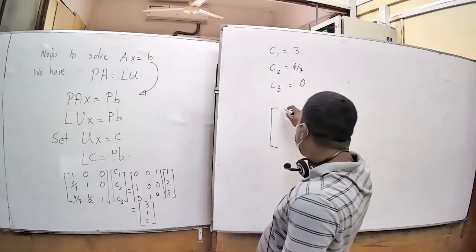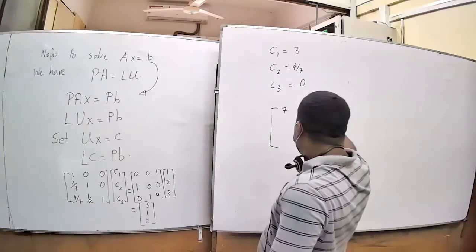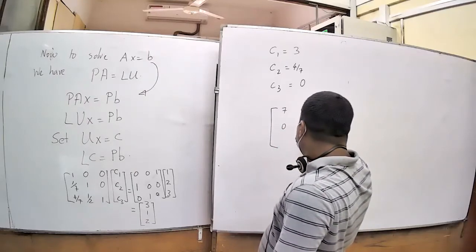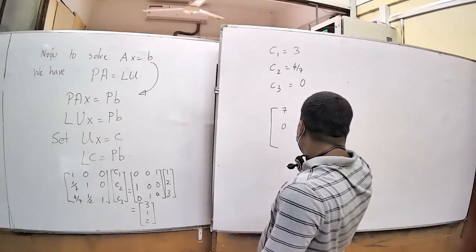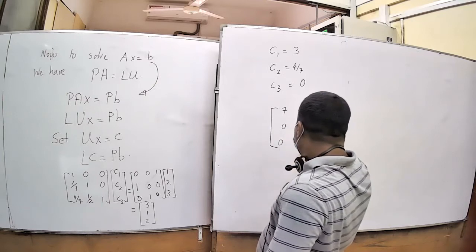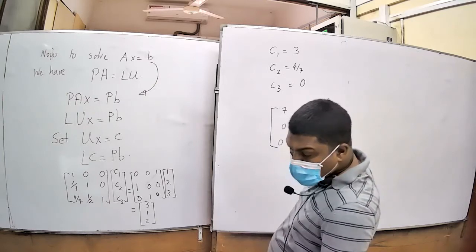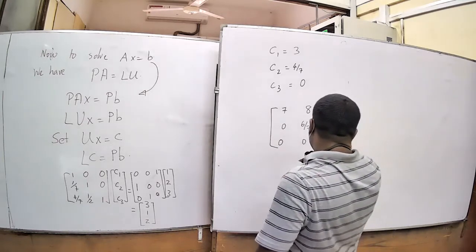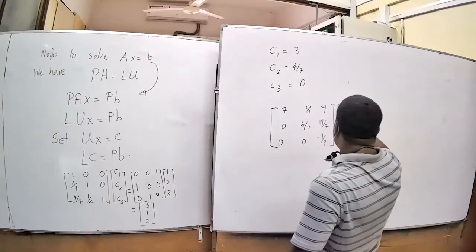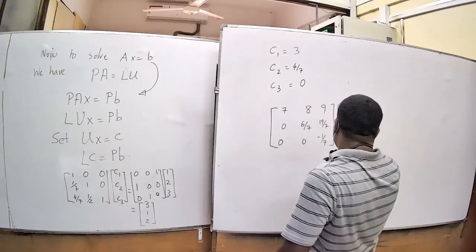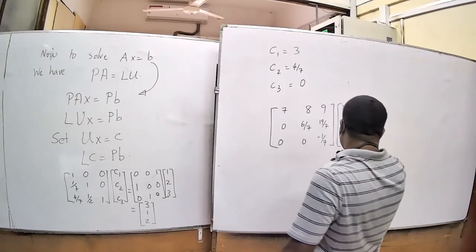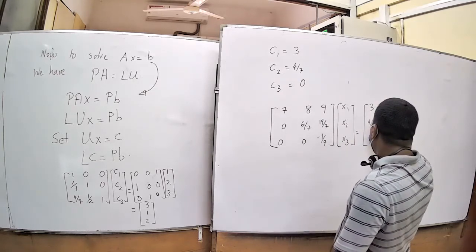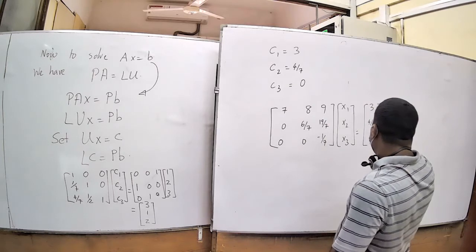So that is 7, 8, 9, 0, 6 upon 7, 19 upon 7, 0, 0, minus 1 upon 7, times x1, x2, x3 is equal to 3, 4 upon 7, 0.